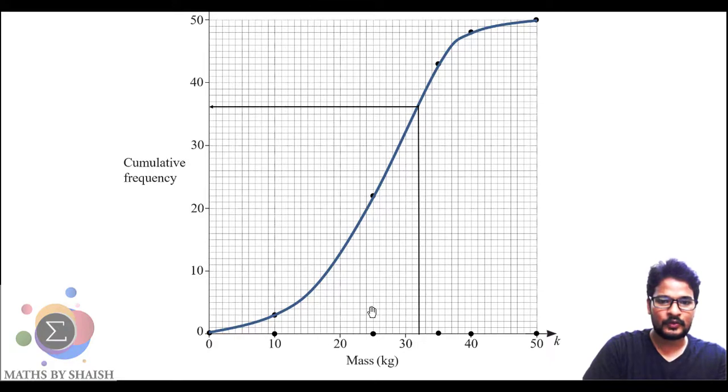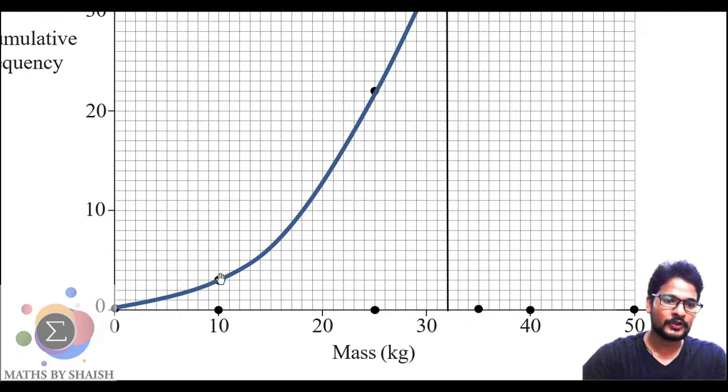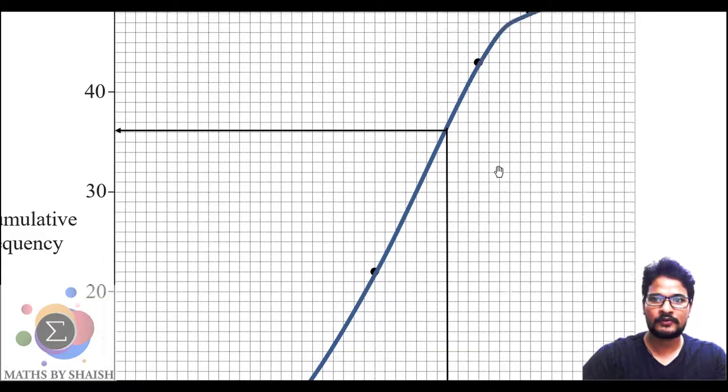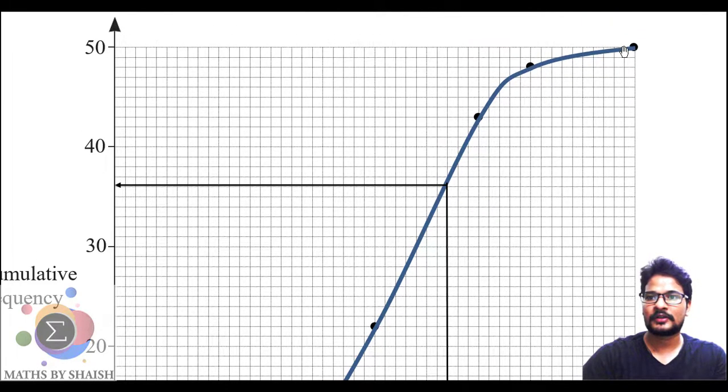So we have 0 to 10, then after that 25, 35, 40 and 50. Corresponding to 10 it was 3, corresponding to 25 it is 22, corresponding to 35 we will go here, it is 43, and then corresponding to 40 it was 48, and then it was 50.